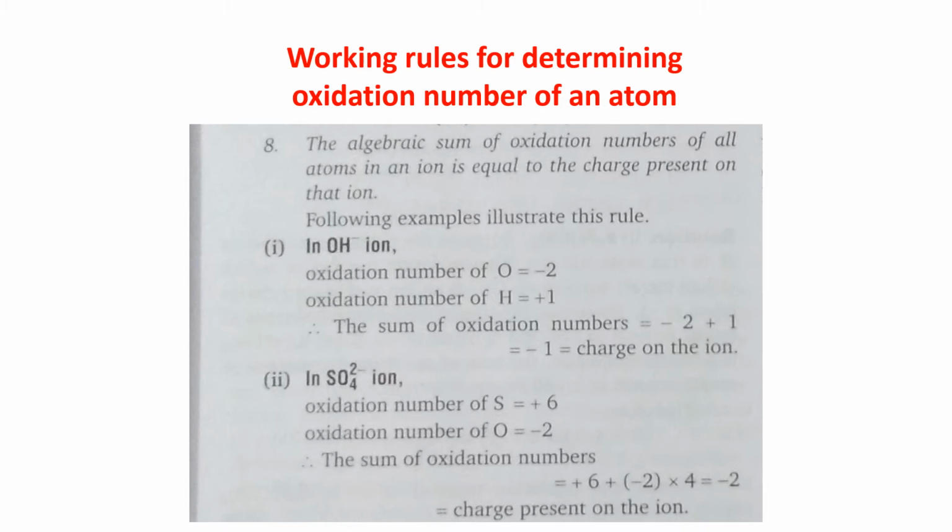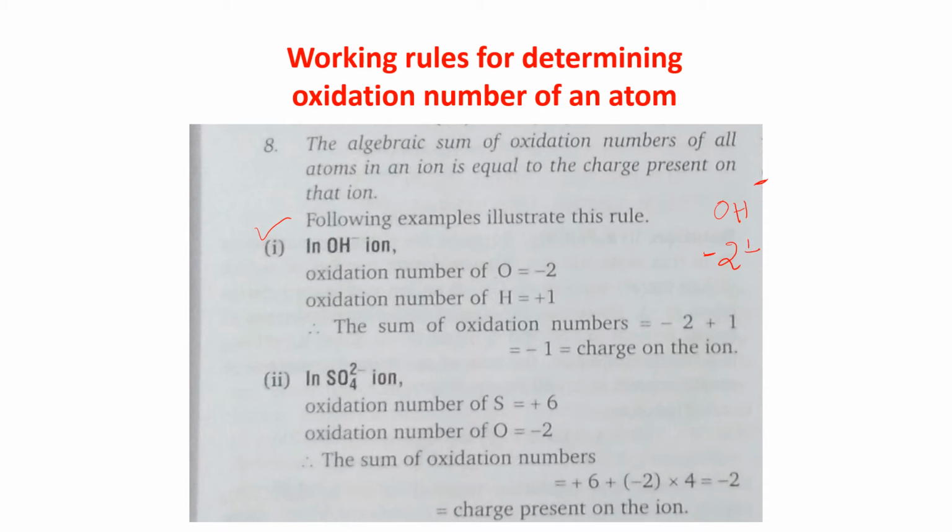Now, number 8. The algebraic sum of oxidation number of all atoms in an ion is equal to the charge present on that ion. Suppose like this, the first one, OH minus. How we will write it? O is -2, you know. And the oxidation number of hydrogen is +1.